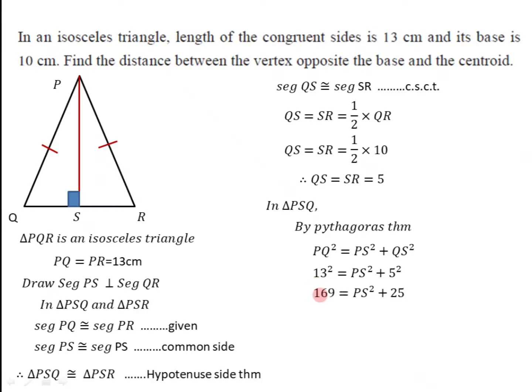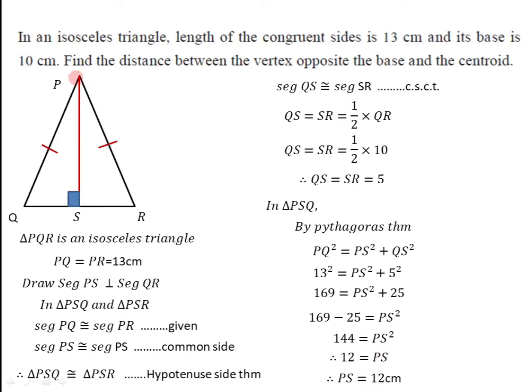So 13 square is 169 is equal to PS square plus 5 square is 25. If you take 25 to the left hand side, it becomes minus. 169 minus 25 is equal to PS square. 169 minus 25, that's 144, that is equal to PS square. If you take square root on both the sides, the square root of 144 is 12 and square root of PS square is PS. So 12 is equal to PS, that is the length of segment PS is 12.